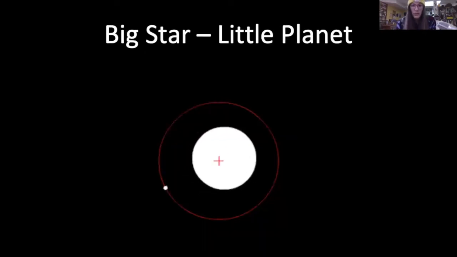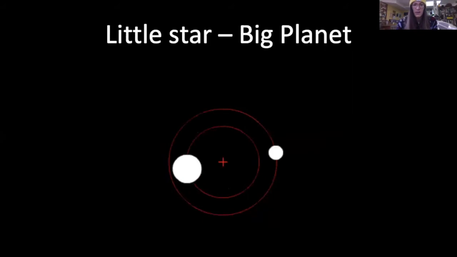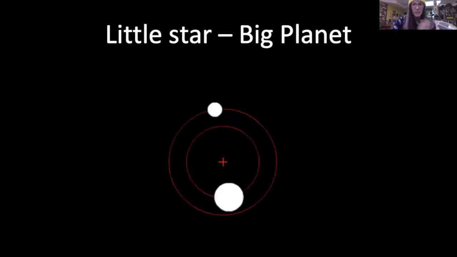Here are a few more examples. Here's a big star and a little planet. Now here's a little star and a really big planet. You can see that the barycenter is not even in the star, it's beyond the star. Jupiter is the biggest planet in our solar system, and it gives a very big wobble to our star.